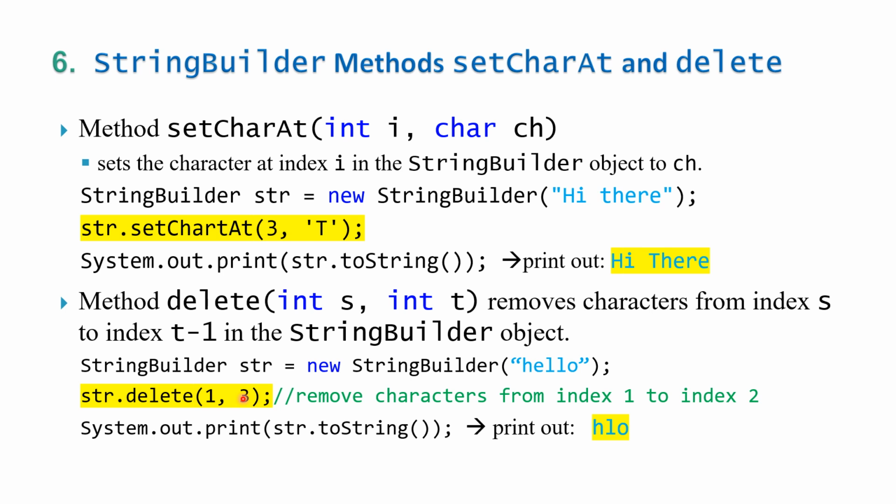So now we print out the content of str after deleting, and the result is "hlo", because the two characters at index 1 and 2, which are 'e' and 'l', are removed by this call to the method delete.